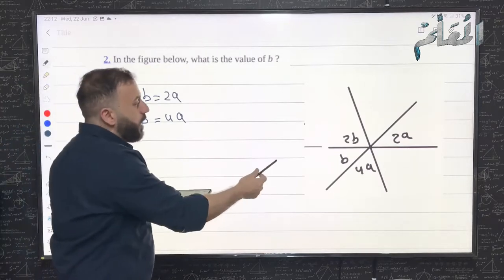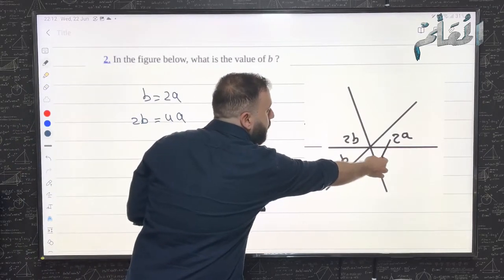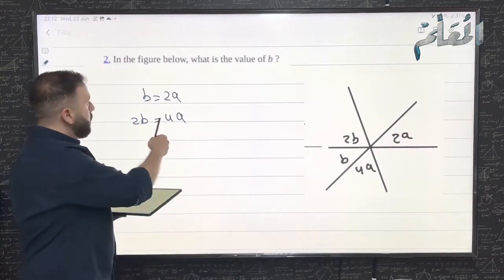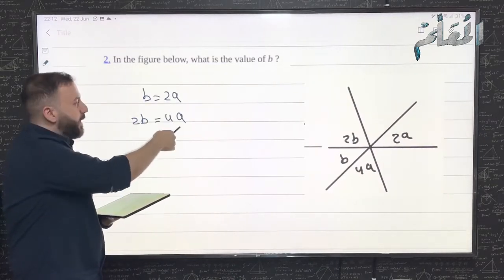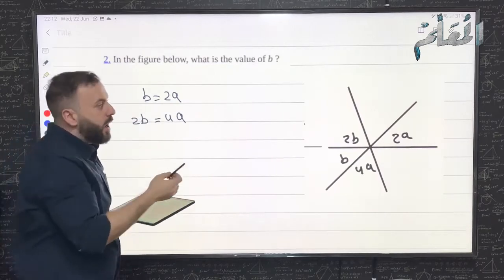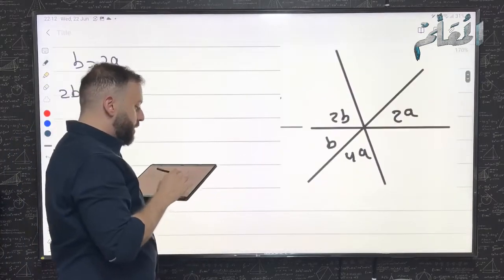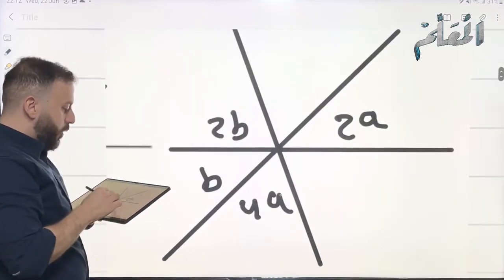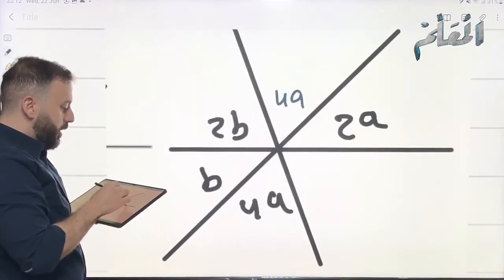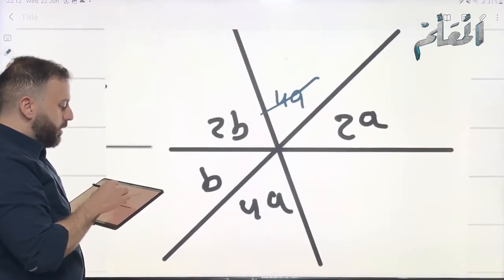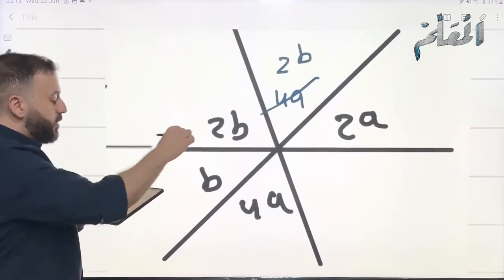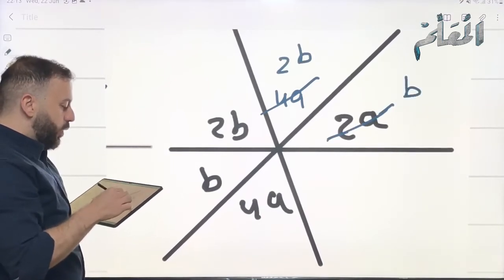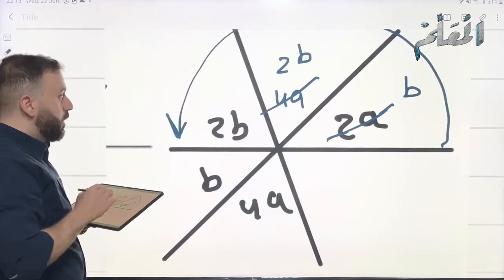From the graph, if B is equal to 2A, then 4A, which is 2A multiplied by 2, is equal to 2B. So I can cut down the 4A here; it should be 4A, but I will replace it with 2B, and the 2A will be gone, also B.